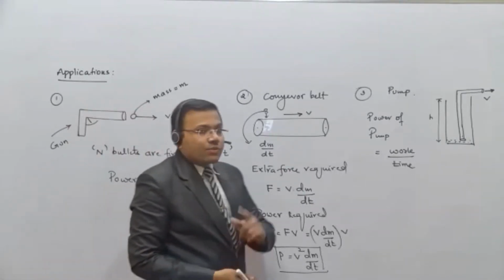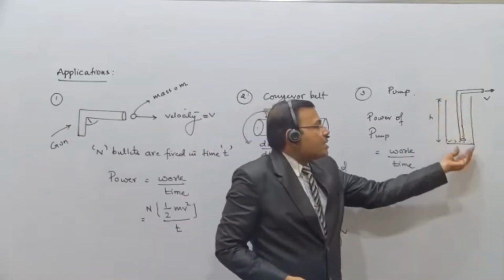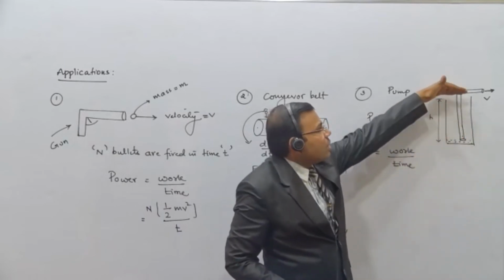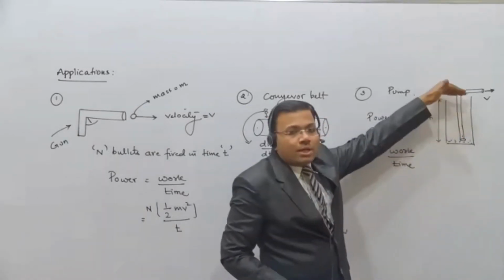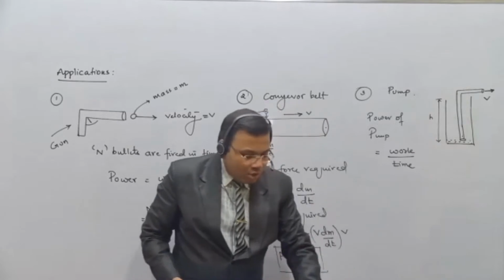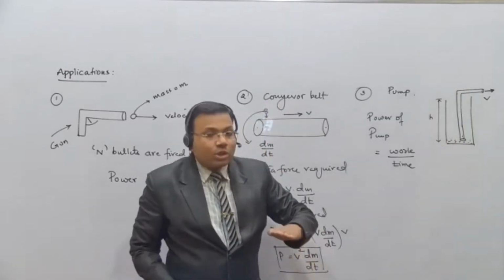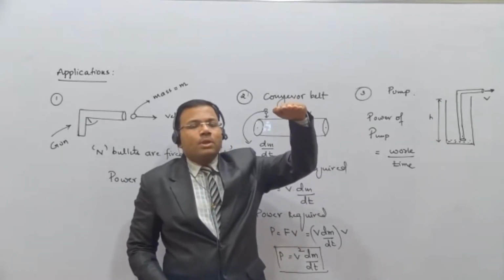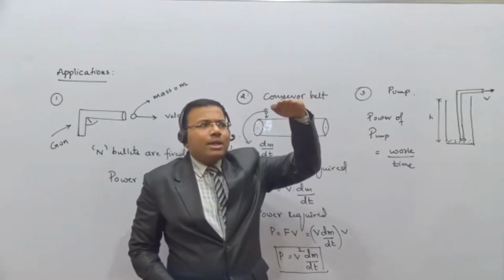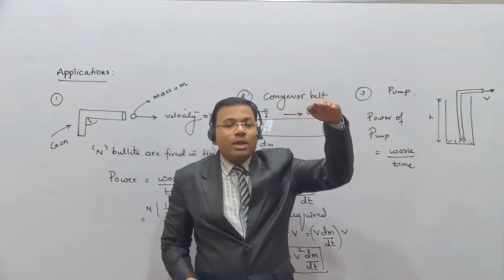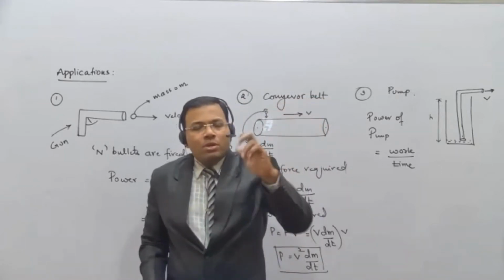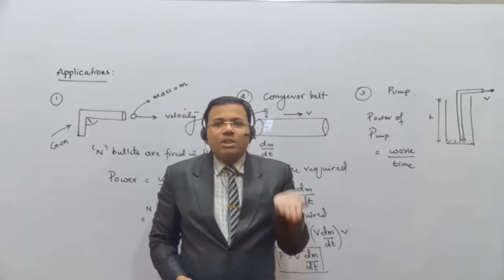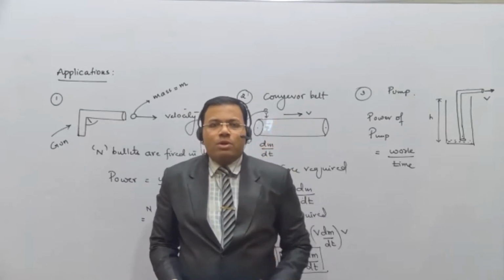First, it is taking the water from the depth of the well and making the water reach a certain height, that is height h. And it is not holding that water at that height. The pump is throwing the water with some velocity. So here it is doing two works. One is lifting the water, another is throwing the water.